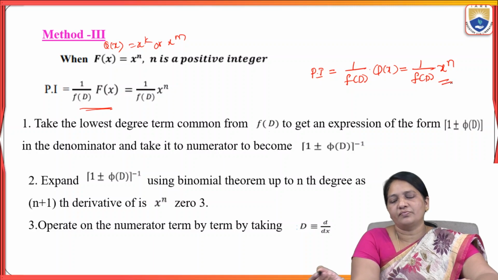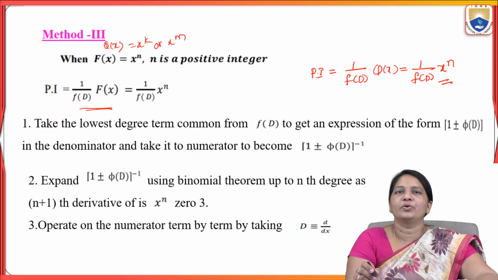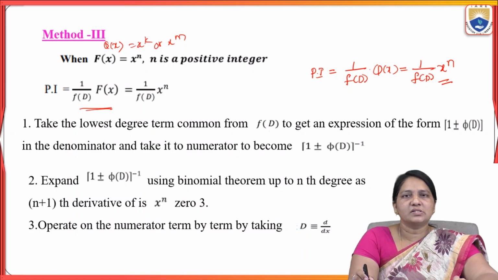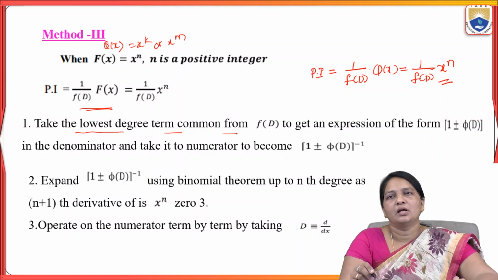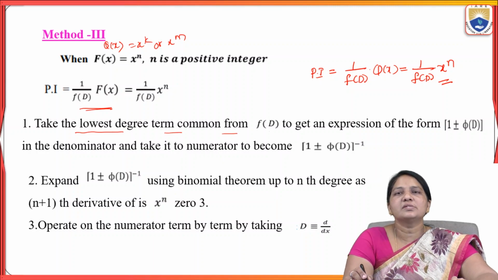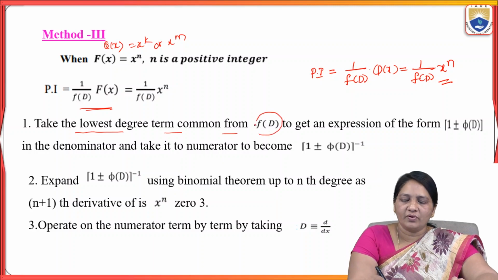If we have this form, what procedure do we follow? In the first step, take the lowest degree term common from the f of D value.